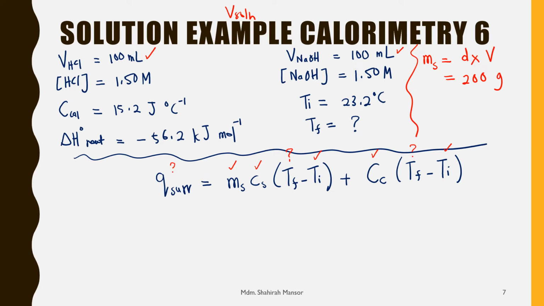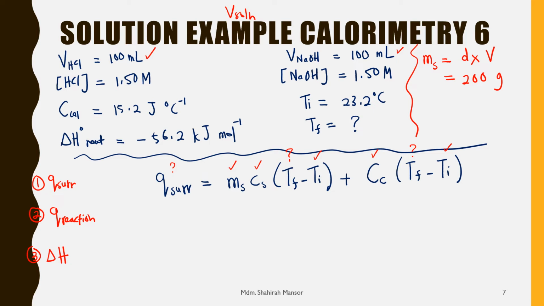So since kita ada dua unknown di sini, maka awak kena selesaikan salah satu dahulu. According to our steps untuk calculation enthalpy of reaction, kita akan bermula dengan cari Q surrounding. Yang kedua, awak akan cari Q reaction. And then later on, barulah awak boleh cari enthalpy of reaction, sama ada neutralization ataupun combustion.